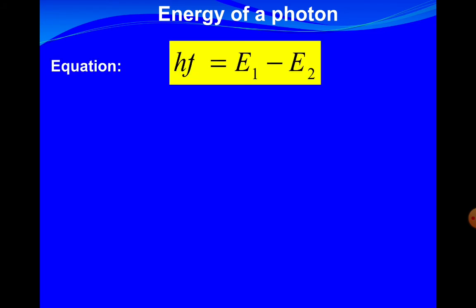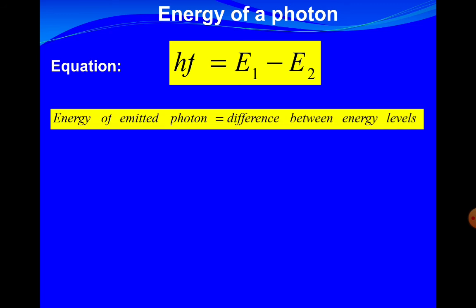For the equation for the energy of the photon that is being released, we have the energy, hf, is E1 minus E2. The energy of the emitted photon is the difference between the energy levels. We used this equation before, and we know that when the frequency is much higher, the energy of the photon is much higher.